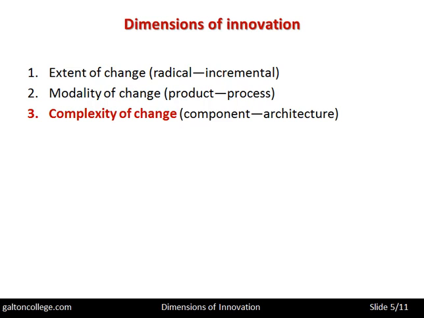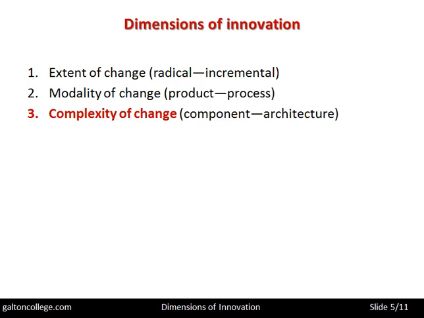Number 3 is the complexity of the change. The complexity of the change could be quite small. It could be just a component in the product, let's say, that's changed. It may be nowadays part of a circuit board that's just been changed. But the product itself looks exactly the same as the previous generations.